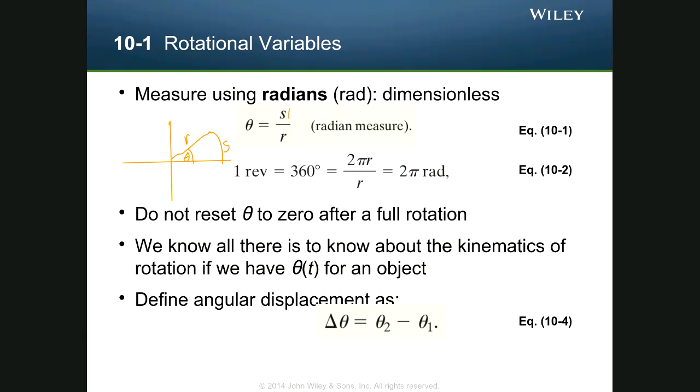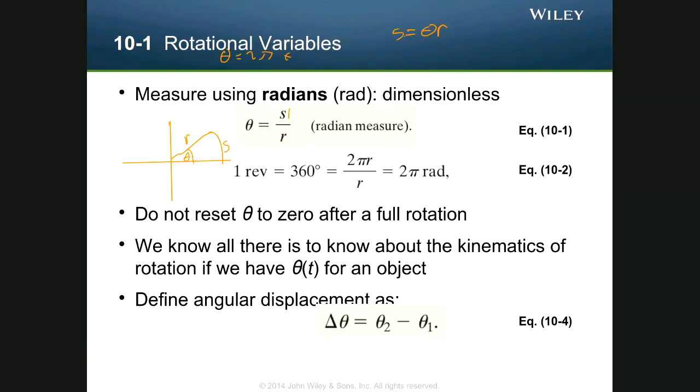Your arc length S is equal to theta R. And of course, if you make one complete revolution around the circle from the reference point back to the reference point, you have theta equals 2 pi, right?